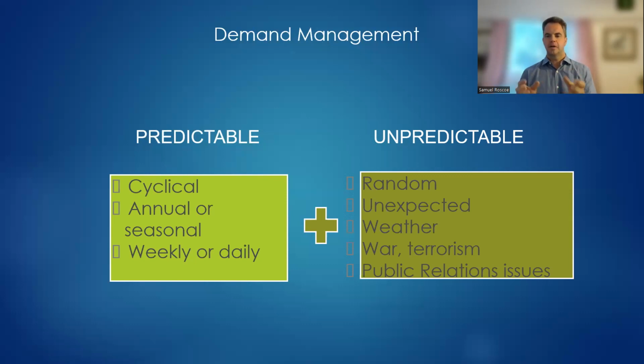Other things that become unpredictable are extreme weather events, war, as we're seeing today, a lot of global conflict, terrorism, and public relations issues. For instance, if somebody who's promoting your product has got into hot water in the media, and all of a sudden nobody wants to buy your product because they don't want to be associated with it anymore, that is very difficult to forecast.